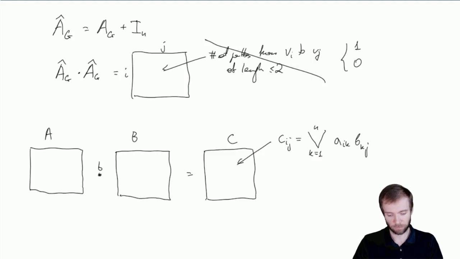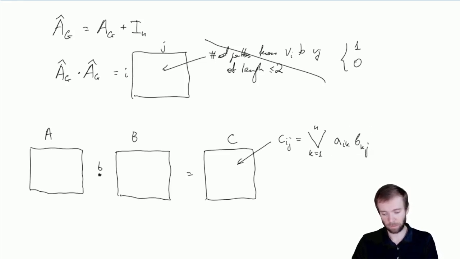So we have conjunction here, but as these are 0 and 1 entries, conjunction is the same as multiplication. I will not place any different symbol here, but instead of the sum we have disjunction. Or mathematically, if we like some numeric operation, this would be taking the maximum of these values.